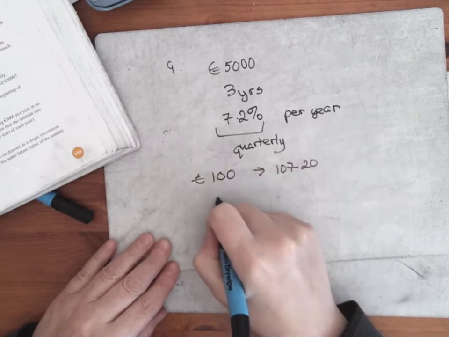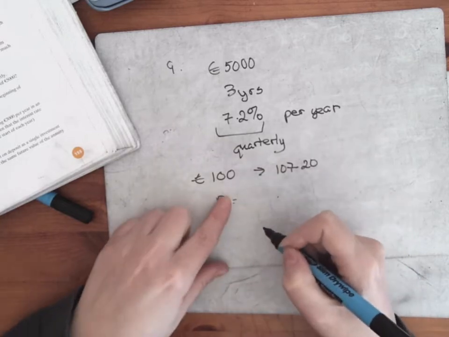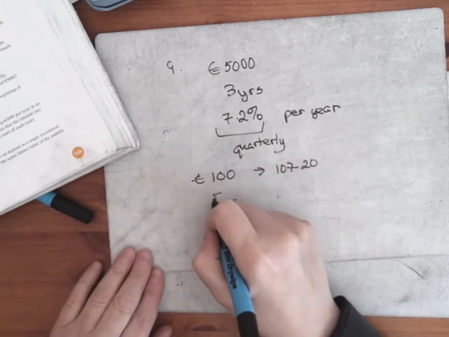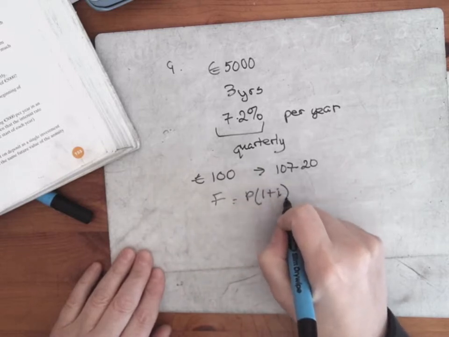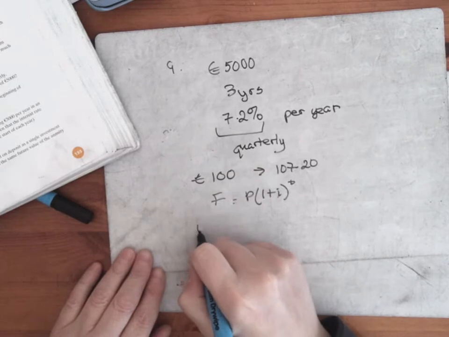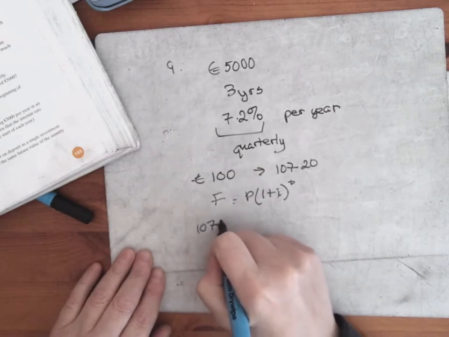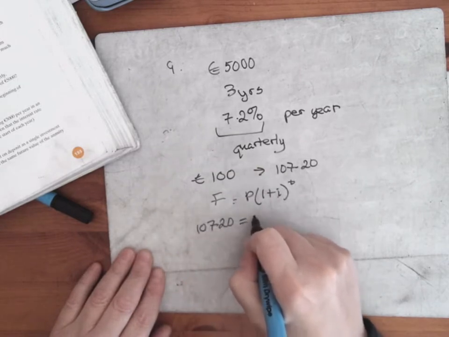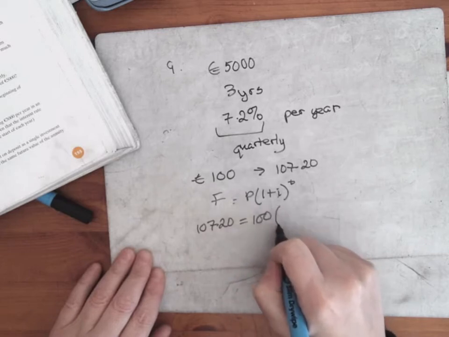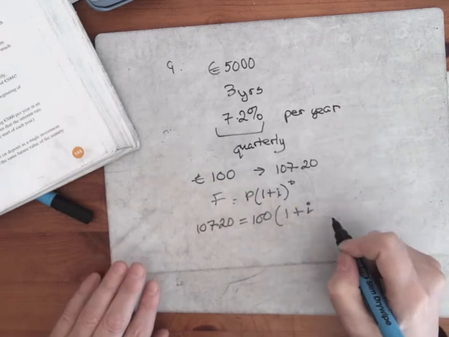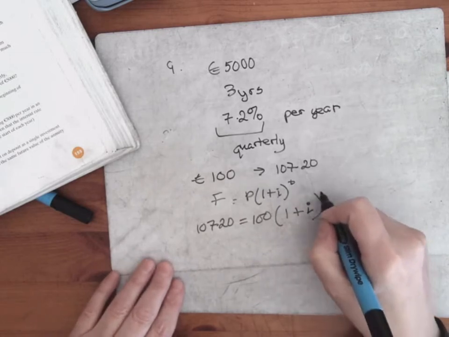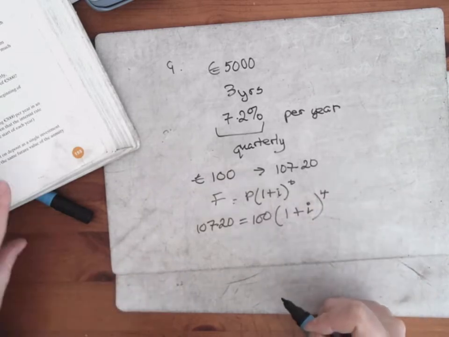The final amount is equal to the principal times 1 plus i to the power of t. The final amount is 107.20, the principal is 100 euros, and 1 plus i is the quarterly interest rate, which is what I'm trying to figure out. It was 1 year, so that's 4 quarters.